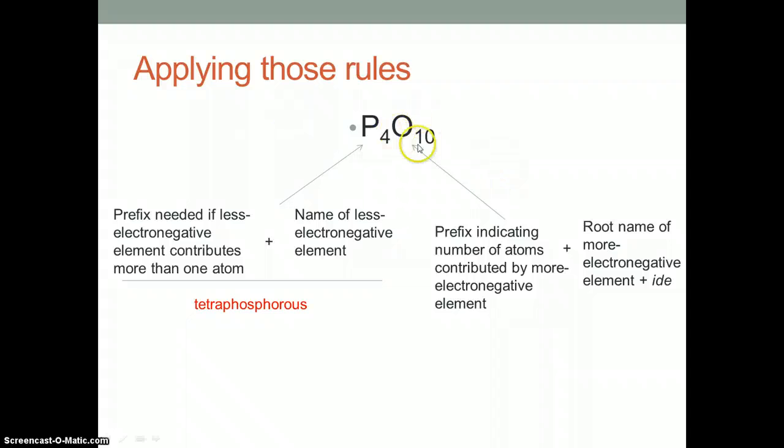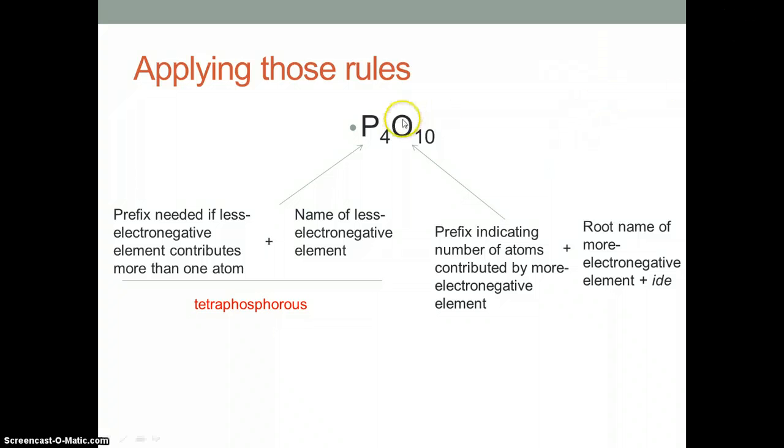Then we take the second element, and we give the prefix indicating the number of atoms being contributed by the more electronegative element, and then we give the root name of the more electronegative element, and then add "ide" to it.